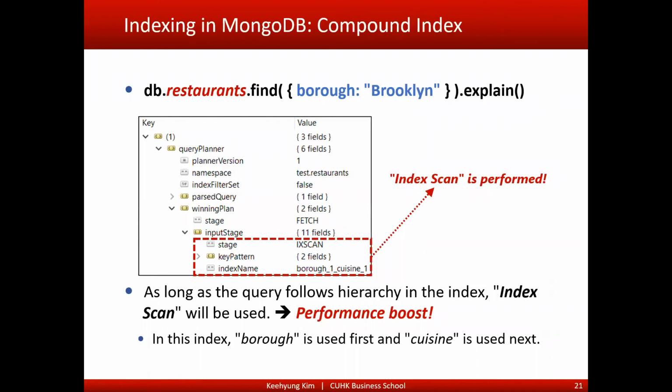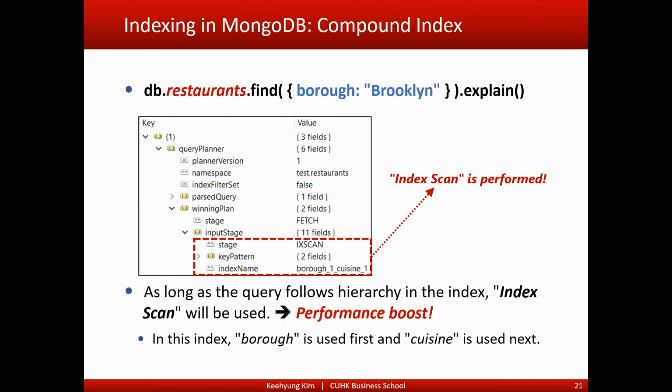Also, another example. Earlier we made a compound index: the first hierarchy was borough, the second hierarchy was cuisine. If you make a query that utilizes only the first hierarchy, it will still use the index, because the first hierarchy was borough and you designed a query which uses borough.